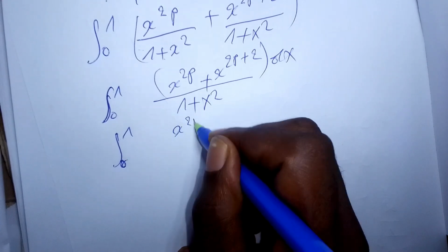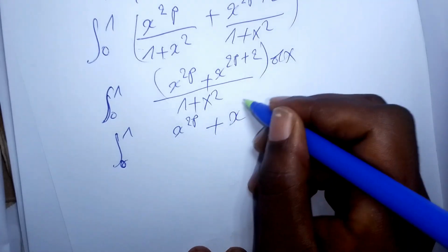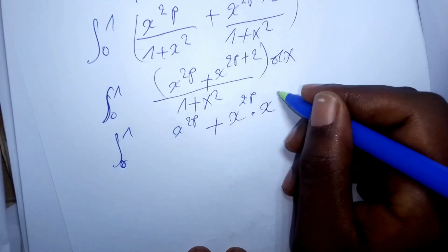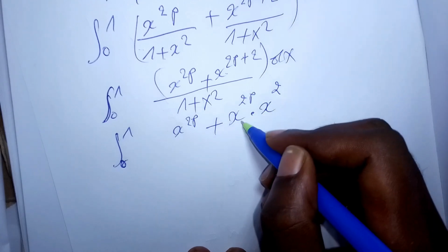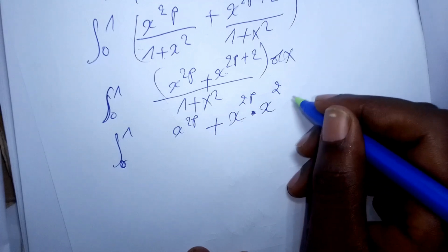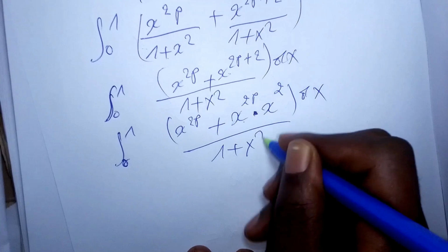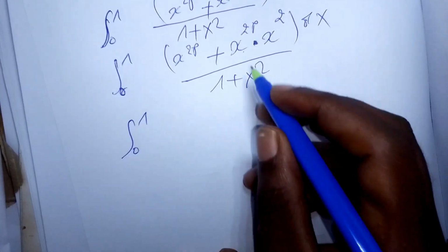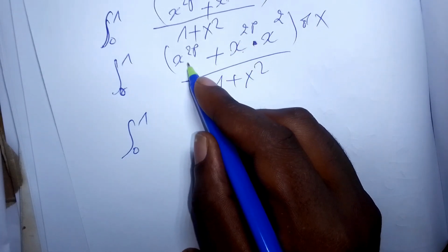Here we have x power 2p plus x power 2p times x power 2. So this is what we get when we expand. So here, dx over 1 plus x square. What we are going to do here is factor out x square power p.